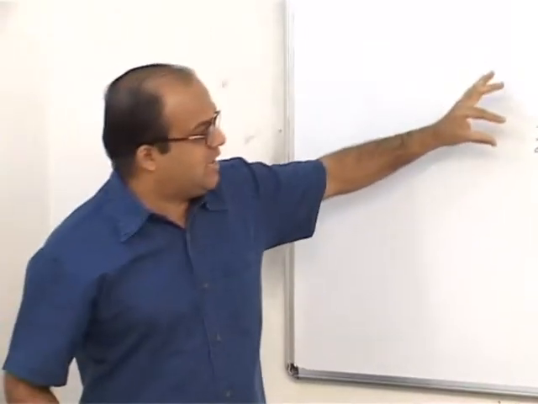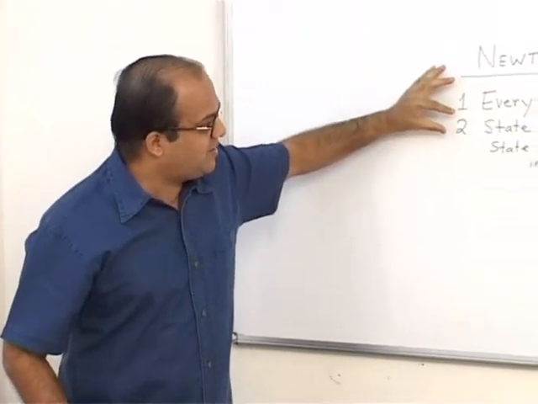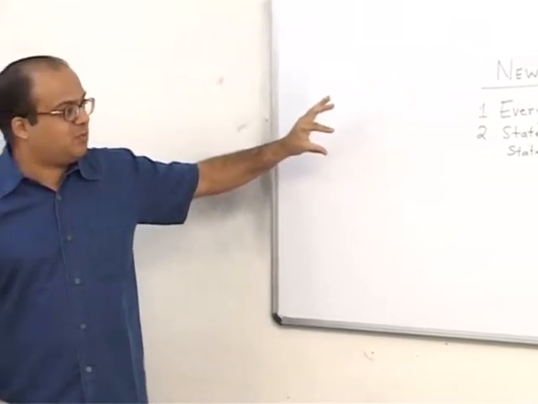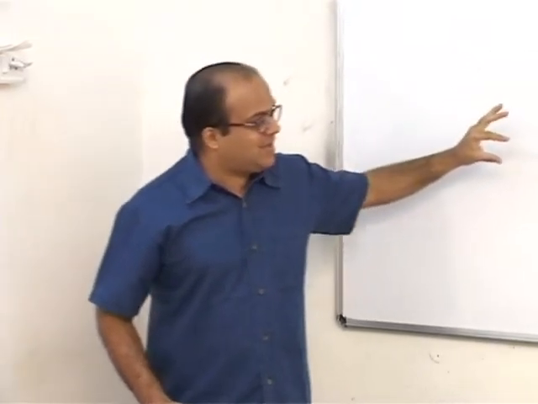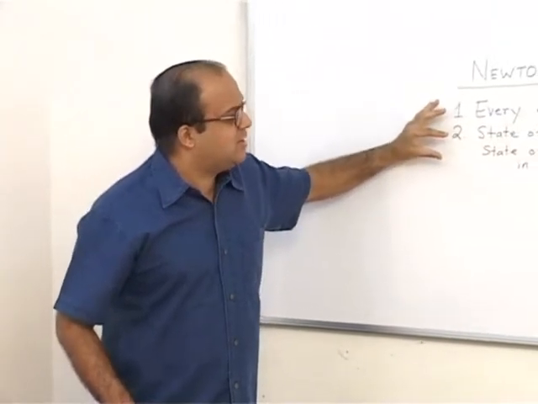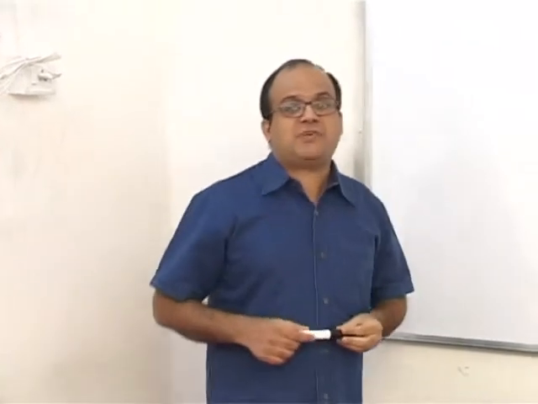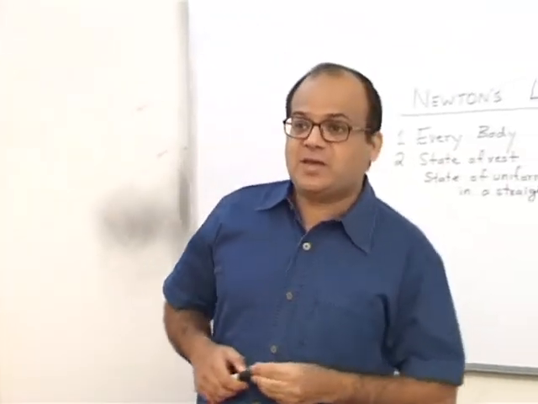Earlier people used to feel if a body is at rest, it is in its natural state. A body moving in uniform motion in a straight line is not in its natural state. It wants to come to rest. So that misconception was corrected first by Galileo and then by Newton.